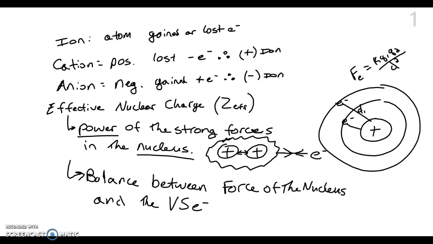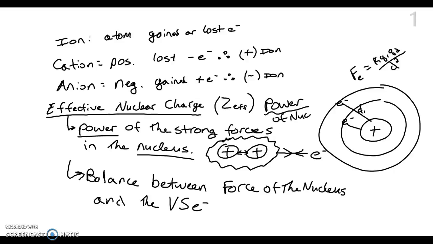So the more distance away from the nucleus, the stronger force that it needs to keep the electron there. So that's occurring on one side. And on the other side, we have the positive and positive attraction, or strong forces keeping it together. This strong force, we won't talk too much about it, but it's very important for the stability of the nucleus.